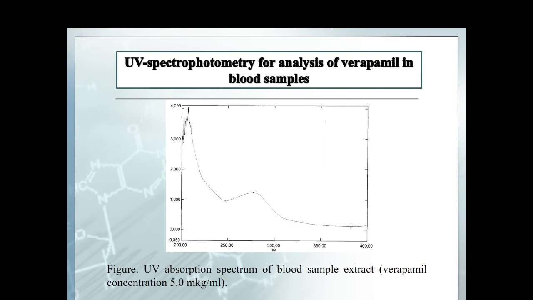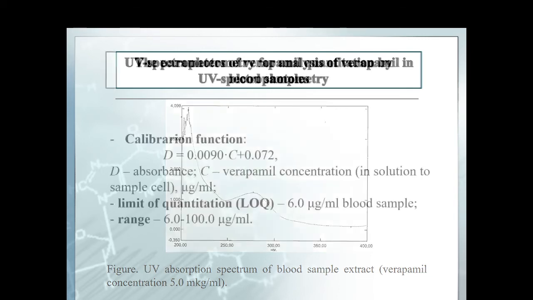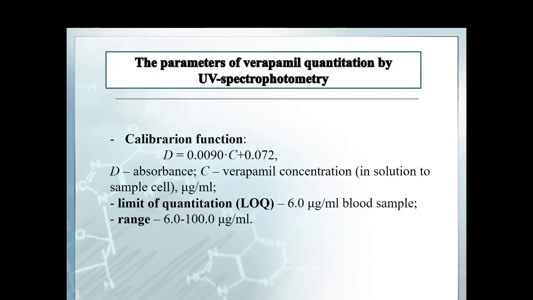The correlation coefficient is 0.998. For blood samples, the limit of quantitation was 6 microgram per milliliter. The concentration range was from 6 to 100 microgram per milliliter.